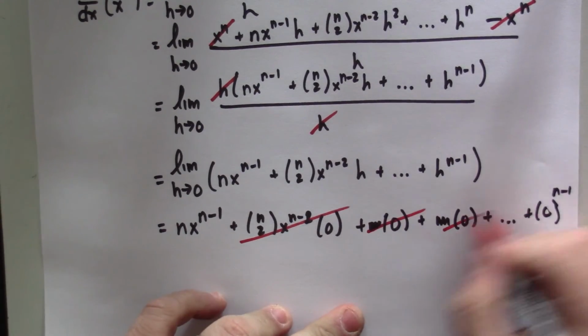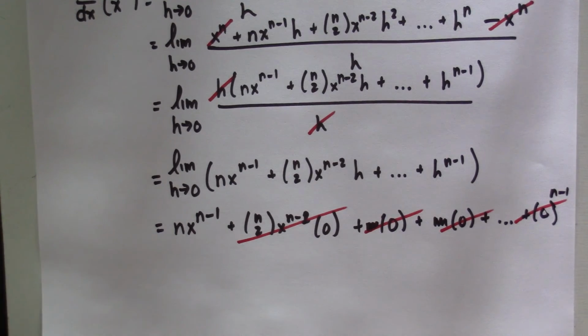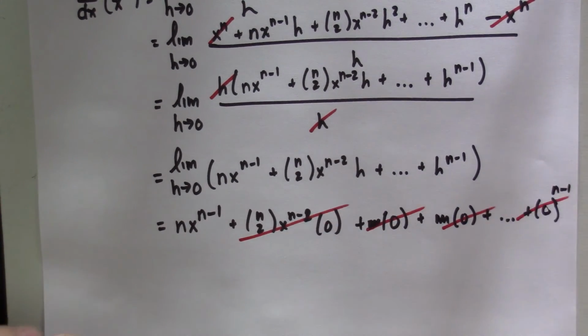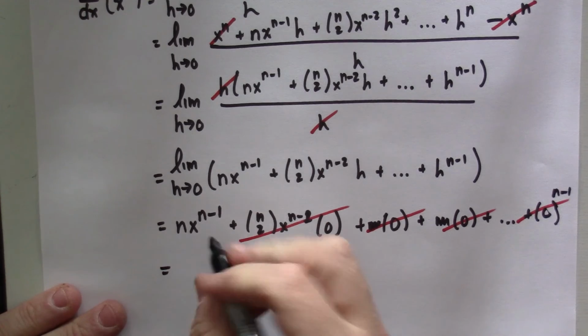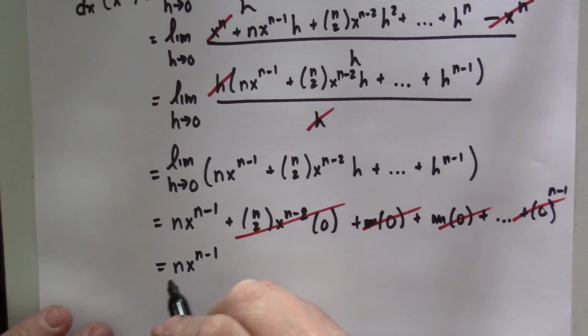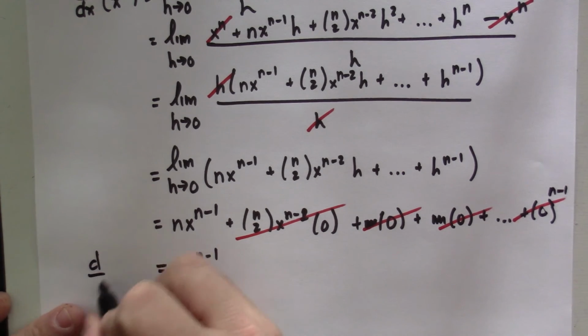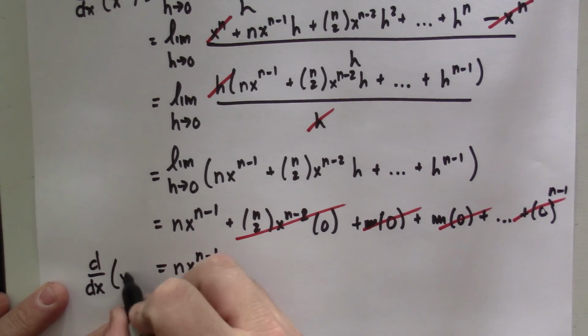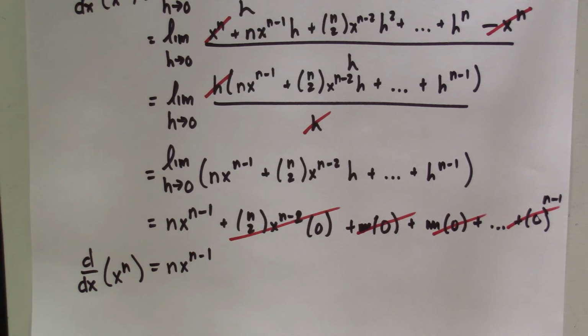Everything else cancels except this term. Since everything else is 0 and adding up a whole bunch of zeros is still just 0, the derivative of x to the n is n times x to the n minus 1. That takes care of it.